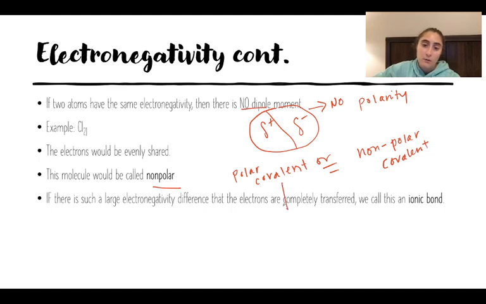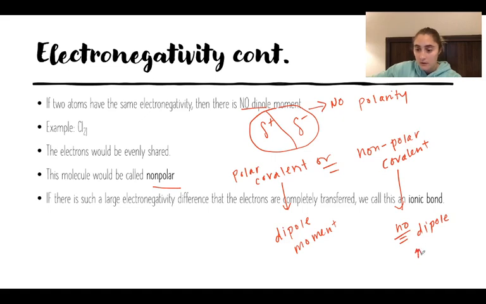So I'll write here, with polar covalent, you have a dipole moment, which we just looked at, and then if you're nonpolar covalent, there is no dipole moment. The two electronegativities are the same.